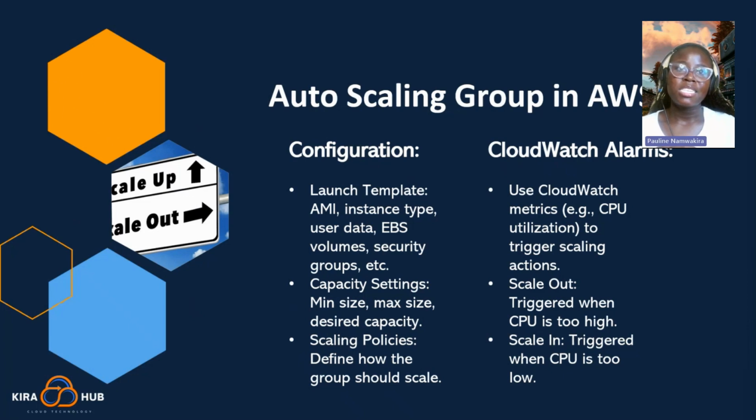And then we have the capacity settings. This is like setting up the maximum number of orders your kitchen can handle during peak hours. You define the minimum, that is the minimum number of instances that will run, the maximum number of instances that can be launched in that auto scaling group, and the desired capacity. So at this point in time, when I'm creating this auto scaling group, what is the ideal number of instances that I want based on the current traffic?